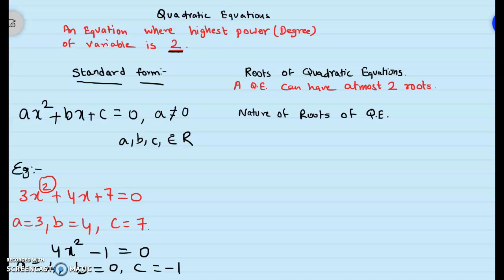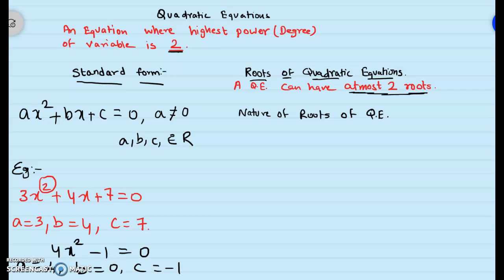Now let's move to the next topic, the roots of quadratic equations. Guys, roots mean nothing but the solution, the answer. A quadratic equation can have at most 2 roots. Very important point.